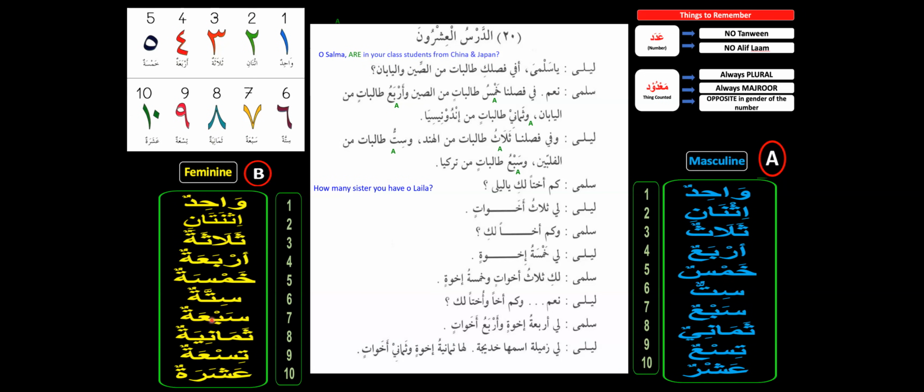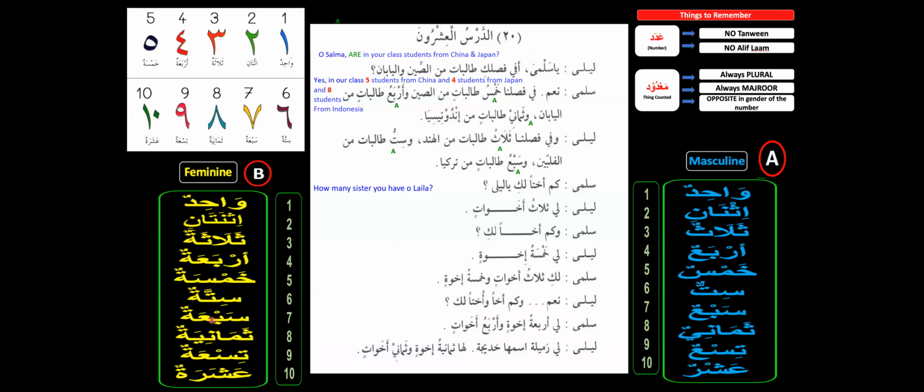So Salma is saying: yes, in our class there are 5 female students from China, 4 from Japan and 8 from Indonesia. Because talibat is feminine, and the singular of talibat is talibatun, we are going to pick the masculine number from list A, which is for masculine numbers.